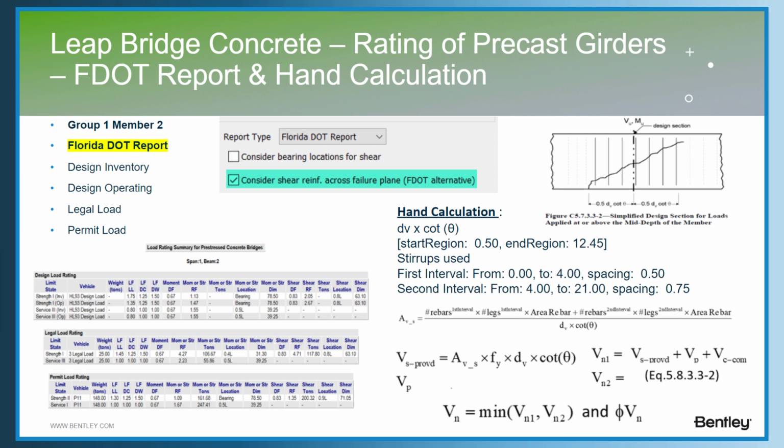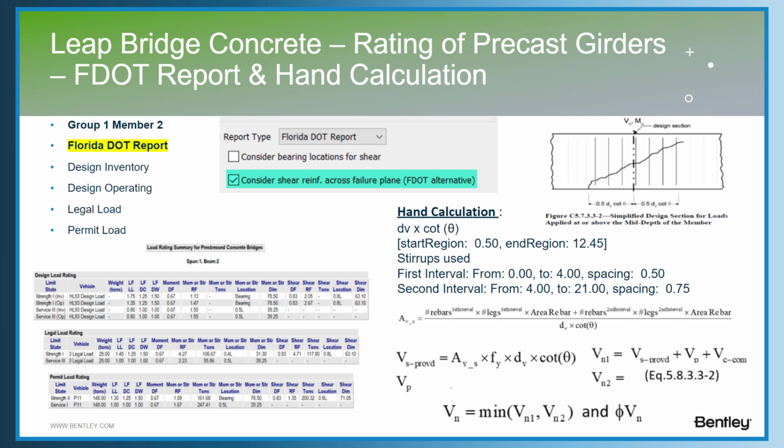Here at a particular critical section, the program calculates the distance of the shear failure plane using the equation 0.5 dV cot theta to the left and to the right of the critical section. The number of stirrups which are located in that particular failure plane is calculated internally, and finally the total area of the stirrups is calculated.